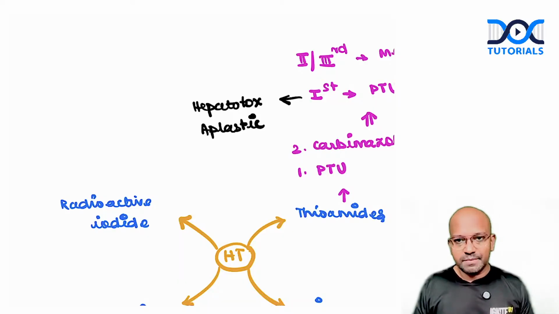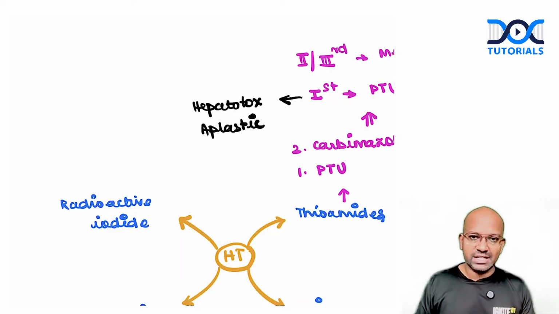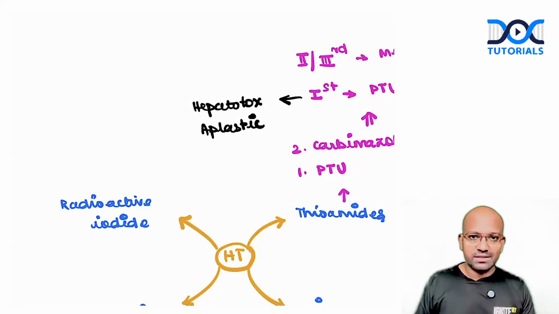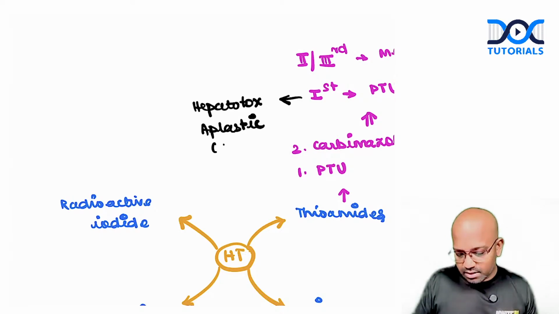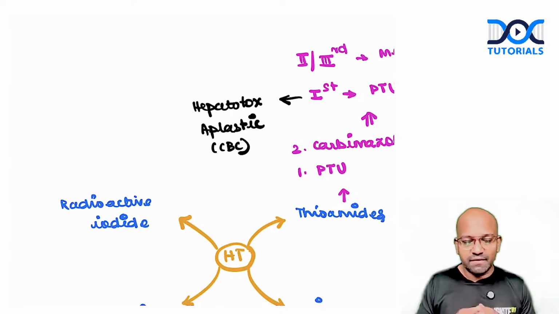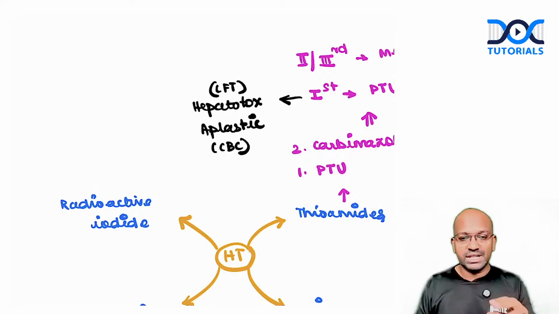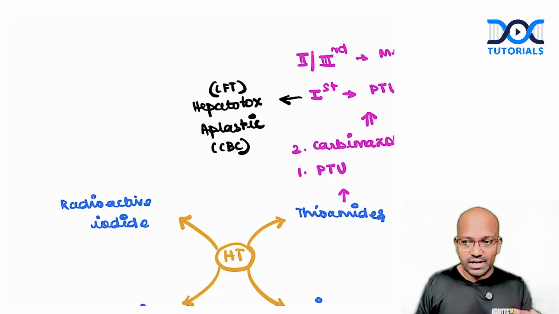So we can't ask the patient to continue taking it during the second or third trimester. Even if you want to continue, we have to regularly monitor the complete blood count values so that we can pick up early in case the patient lands up in anemia. And we have to regularly monitor the LFT values to find out whether there is any increase in liver enzymes like AST or ALT.